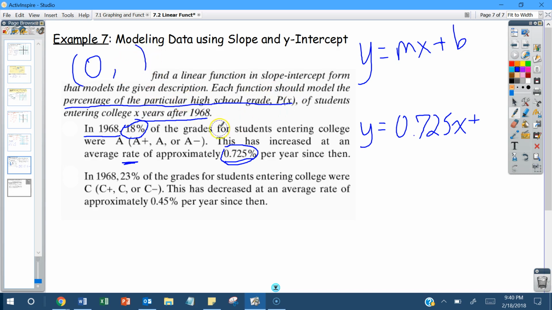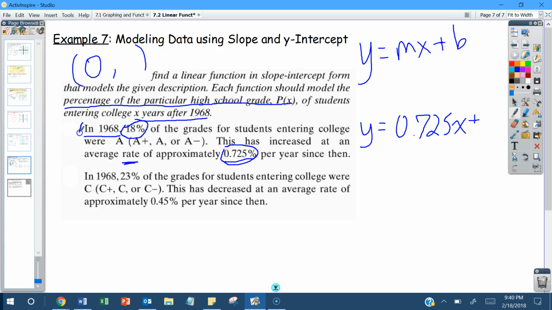And let's look at our context again. x is the number of years after 1968. So when x is 1, we're talking about 1969. When x is 0, we're talking about 1968. So if this situation is dealing with 1968, then we're already dealing with a situation where x is 0. That makes sense.